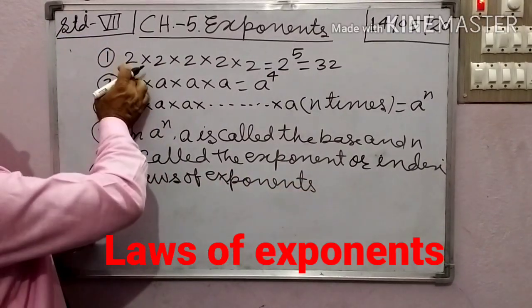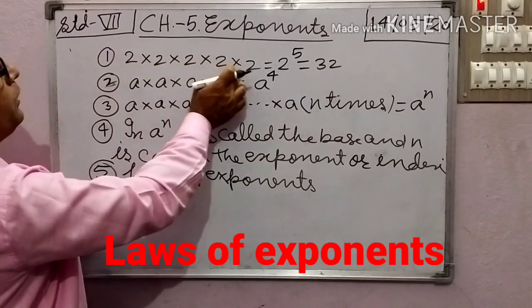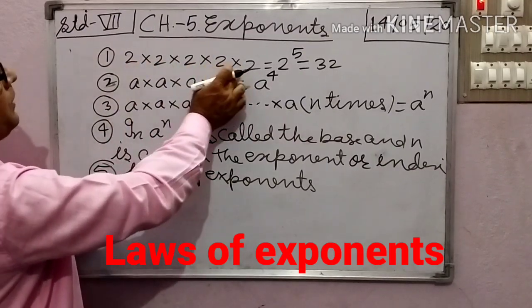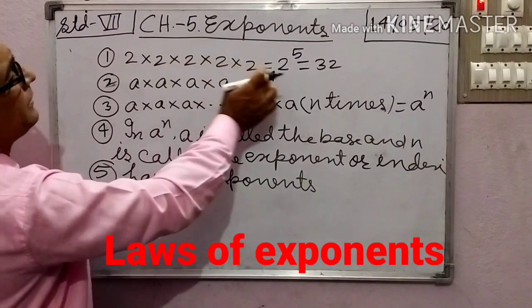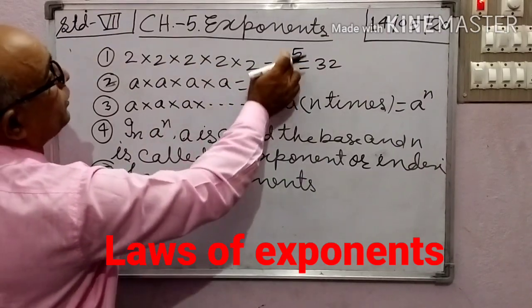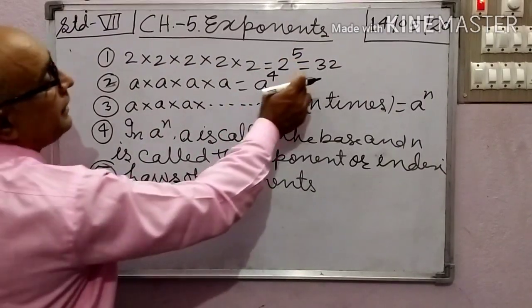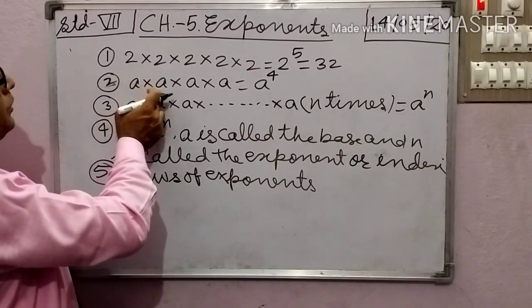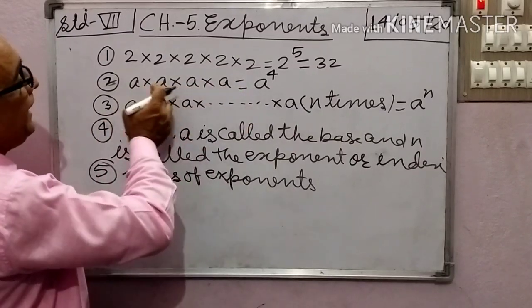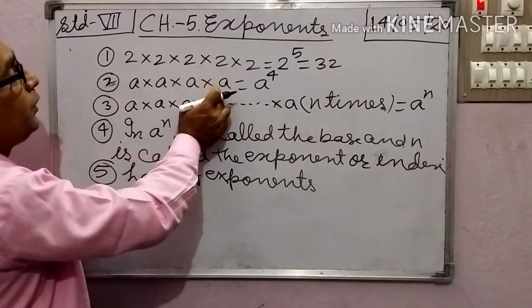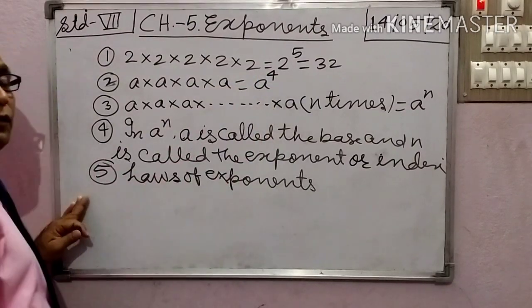Students, 2 into 2 into 2 into 2 into 2. 2 is multiplied by itself 5 times. So 2 to the power 5, that means 32. A into A into A into A: A is multiplied 4 times, so A to the power 4.